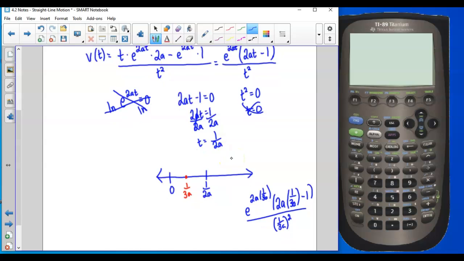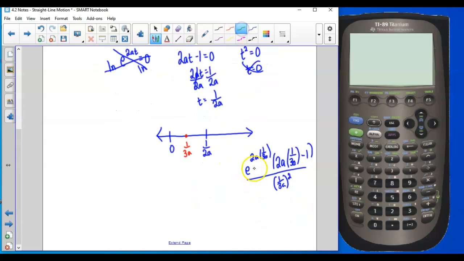Now, if I think about what happens here, this e term is going to be positive because e to any power is always positive. This denominator, since a is positive and I'm squaring it, is also positive. So what I really care about is the sign of this numerator. This is going to be 2a over 3a minus 1, where your a's will cancel, so you'll get 2/3 minus 1, which is negative 1/3. So you get a negative in this section.